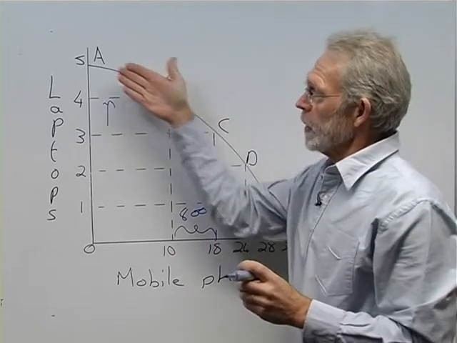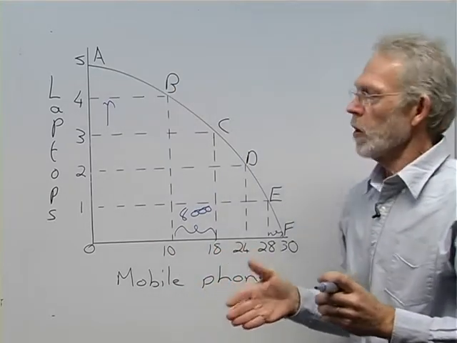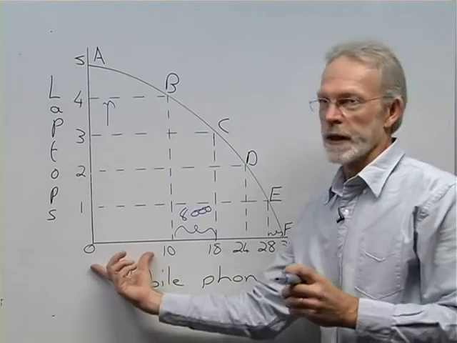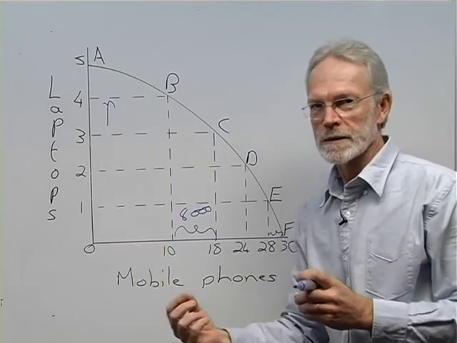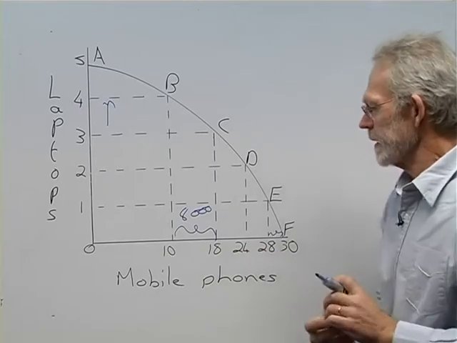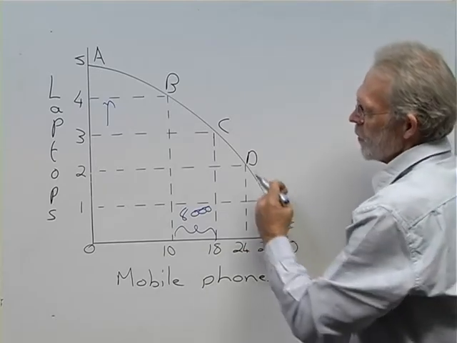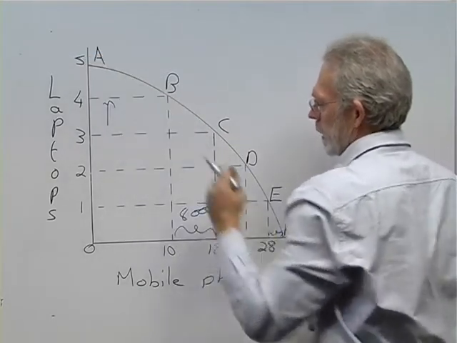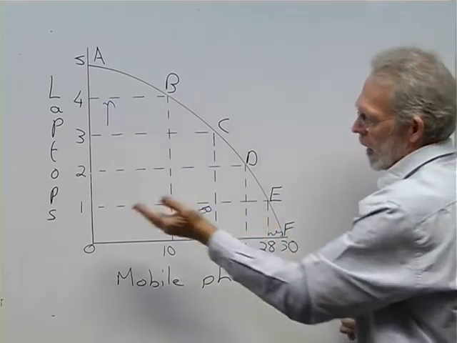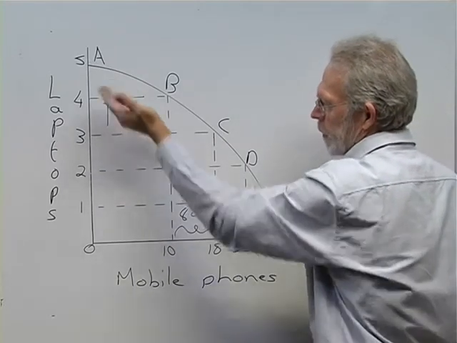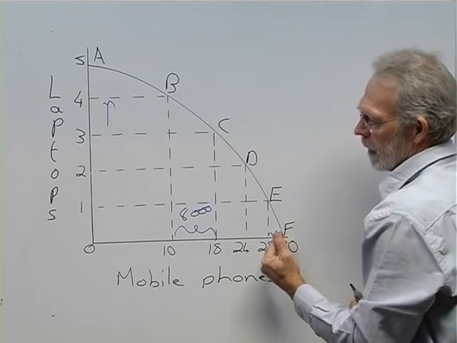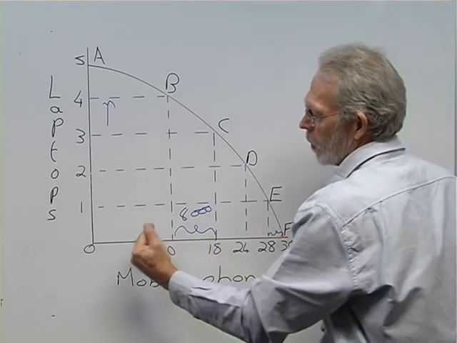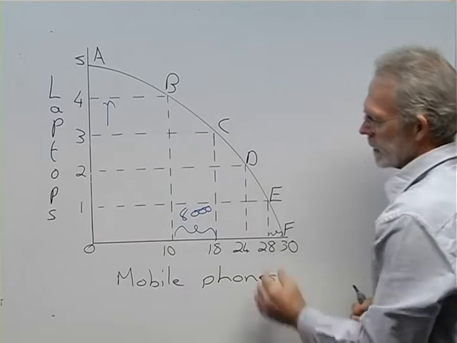If we move from B to A, another 1,000, we have to give up 10,000. You might have noticed, as we move along the production possibilities curve, as we produce more and more laptops, we have to give up more and more mobile phones.